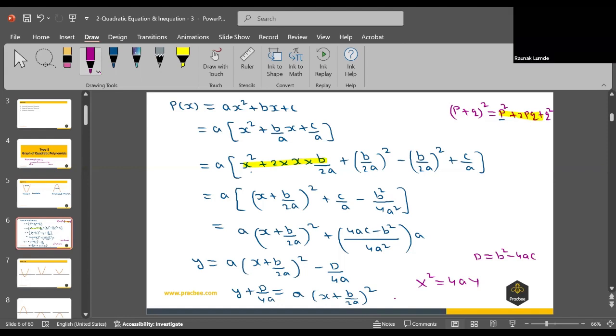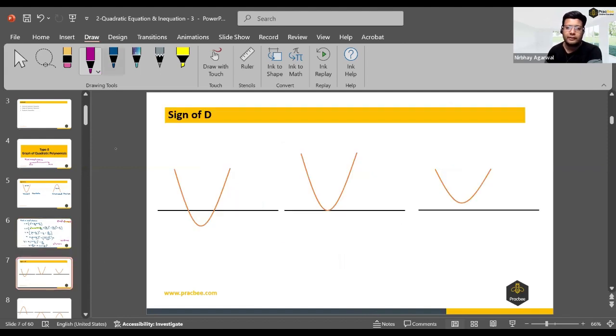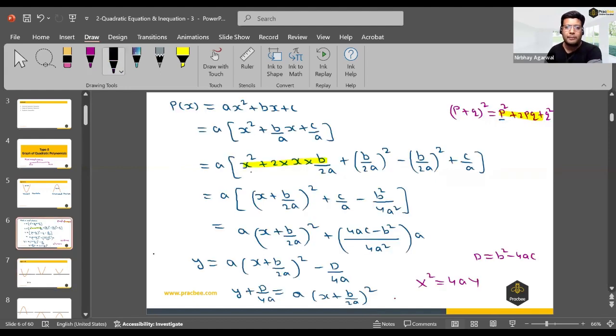If it is negative, then it will be a downward parabola. So if a is positive, then it will become an upward parabola, otherwise downward parabola. Now if you compare it, the x value will be x is equal to x plus b by 2a.